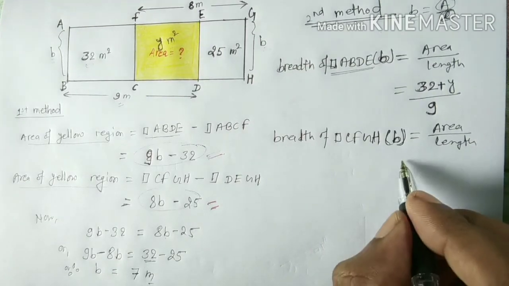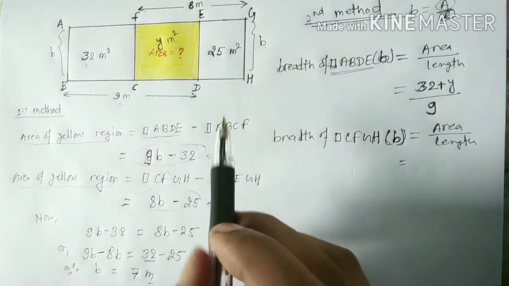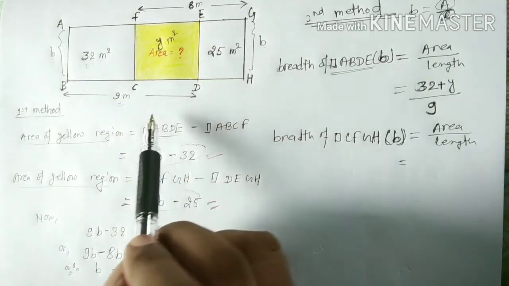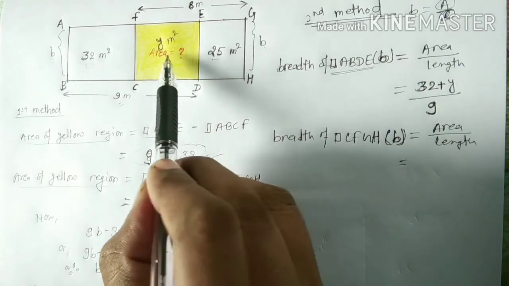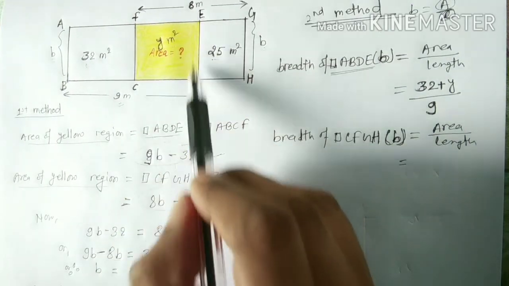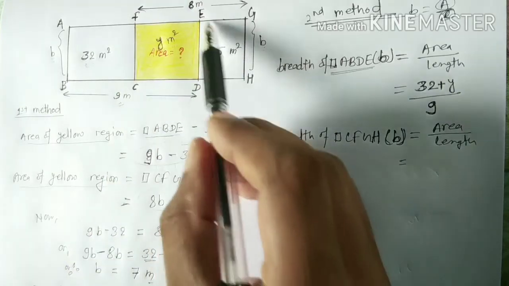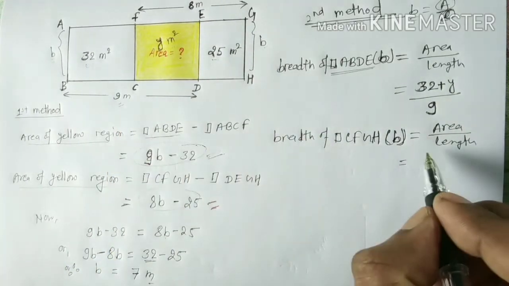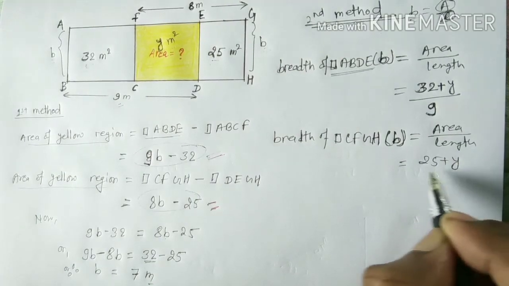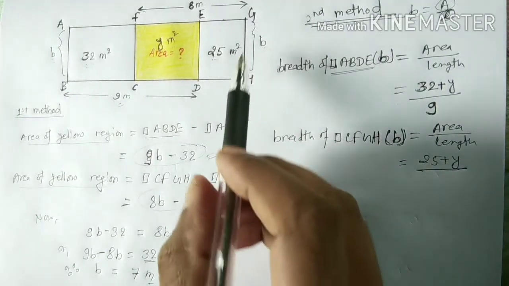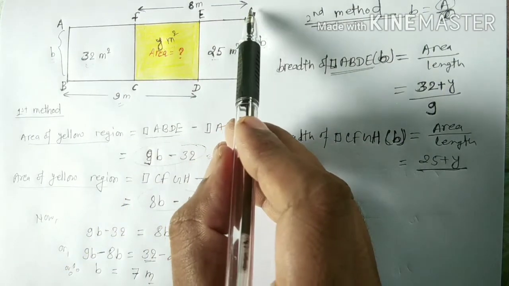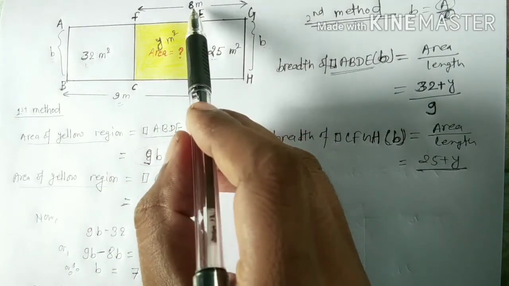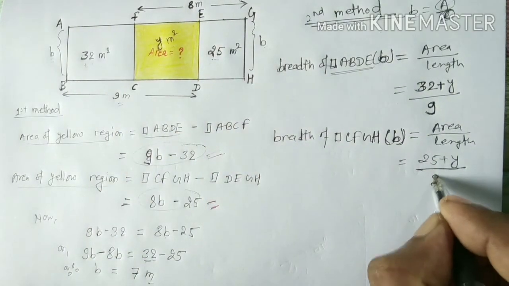Its area becomes 25 plus y, because this rectangle has the area 25 and this rectangle has the area y. So the area of this whole rectangle becomes 25 plus y, and divide by its length. Its length is, as you can see in the question, 8. So we can divide it by 8.